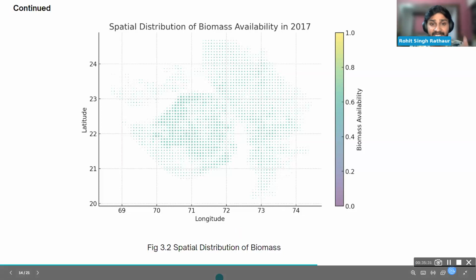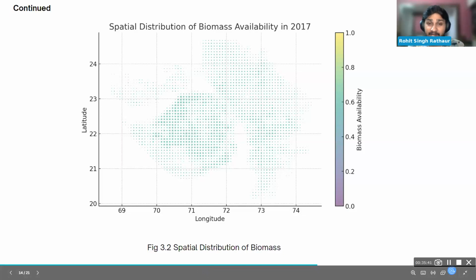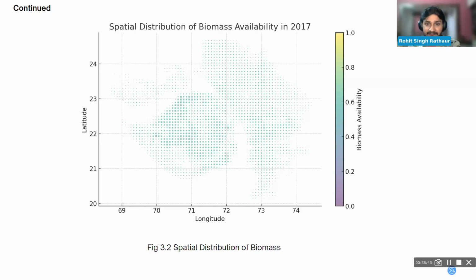This information is very important when deciding where to locate depots and biorefineries, as regions with high biomass availability might be more suitable for setting up these facilities.